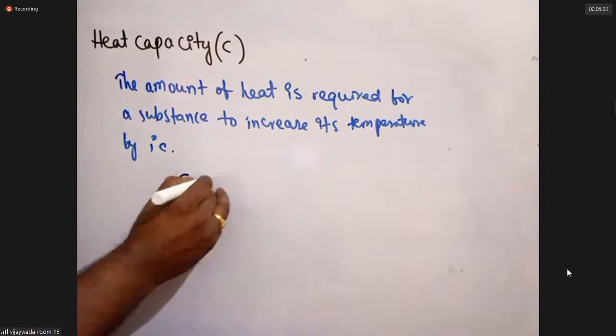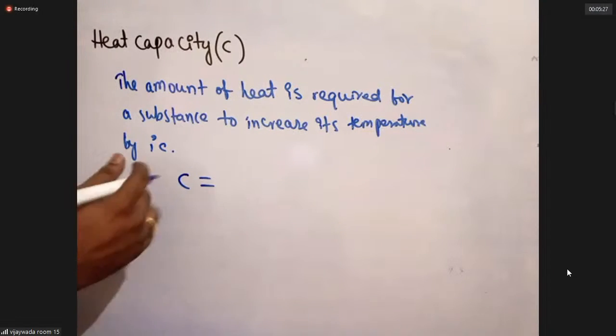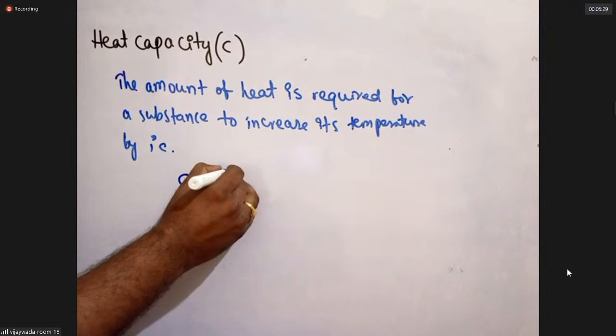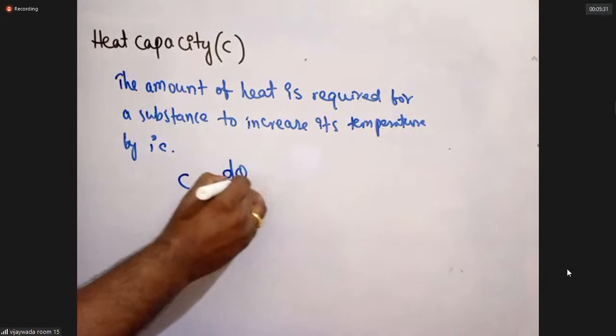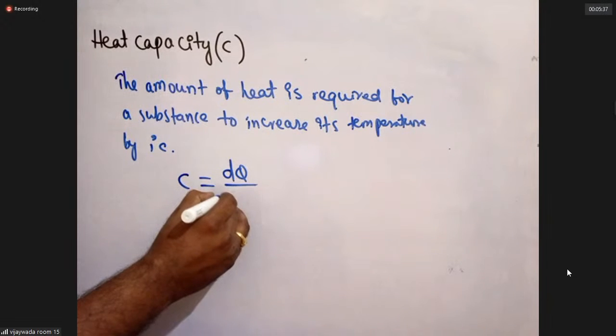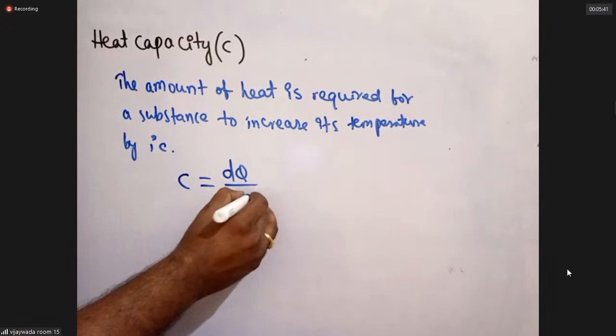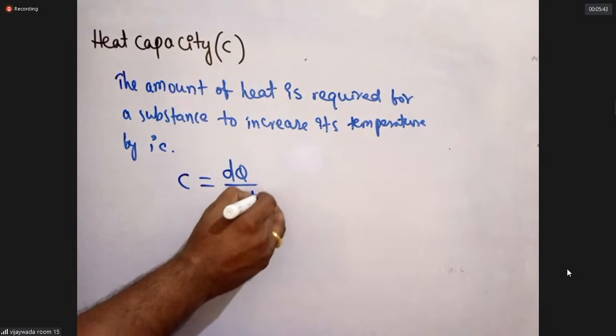Definition of heat capacity and its equation representation: heat capacity equals dq, the change in heat, how much heat is supplied, divided by mass into dt, change in temperature.